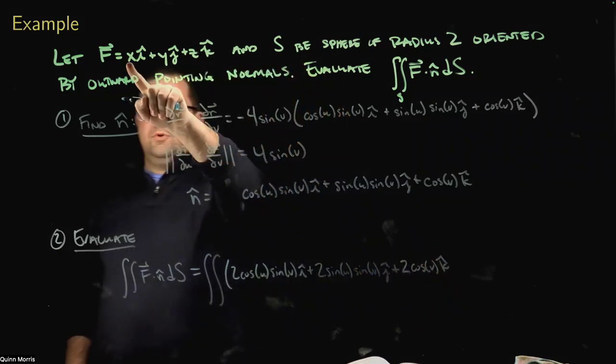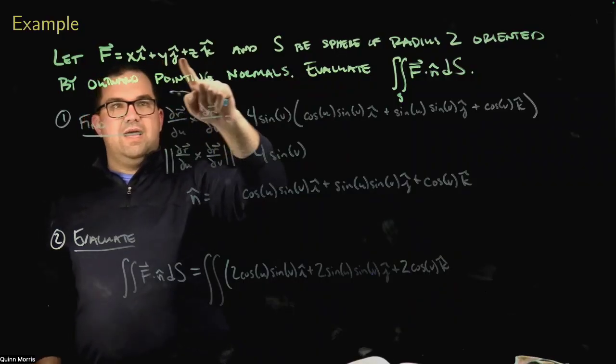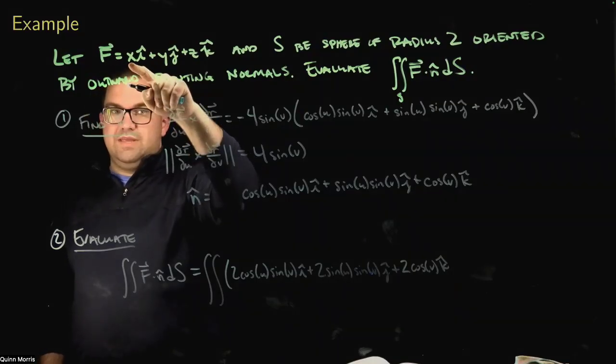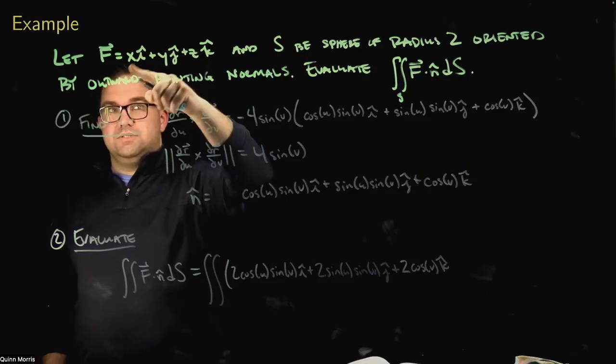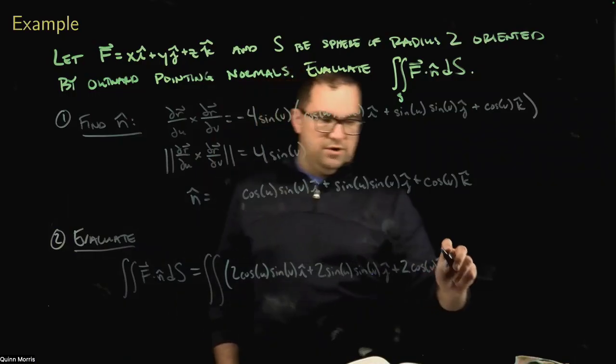Again, notice what I'm doing: I'm taking my function, x i, y j, z k, and plugging in the x component of my parameterization for x, the y component for y, and the z component for z.